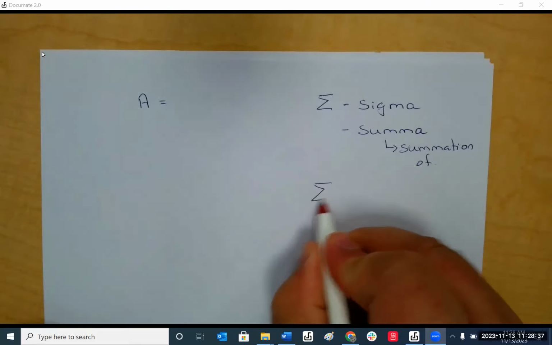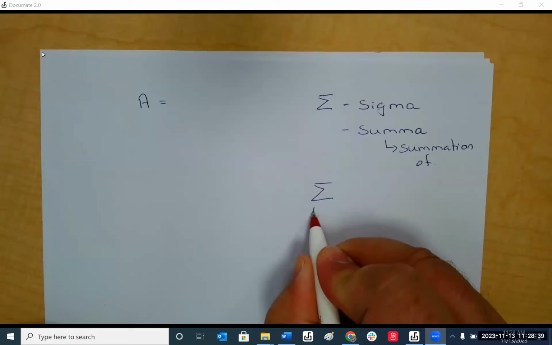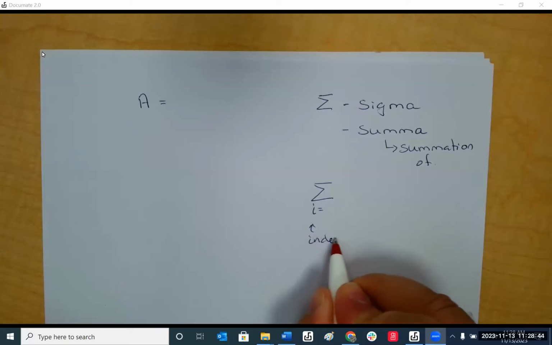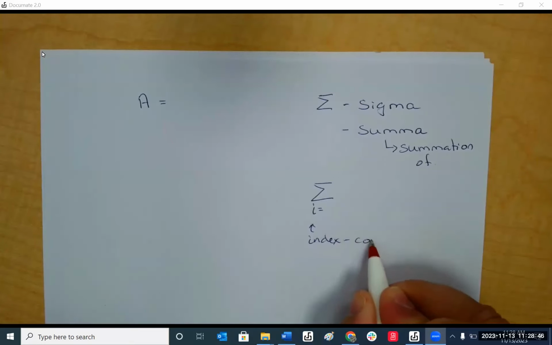So the sigma notation, you have an index. What is an index? It's a counter.